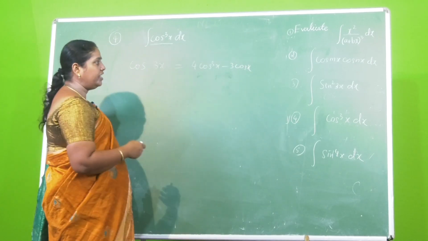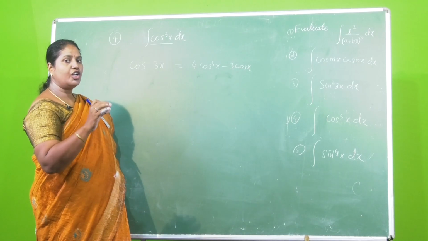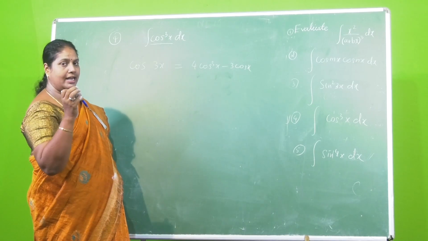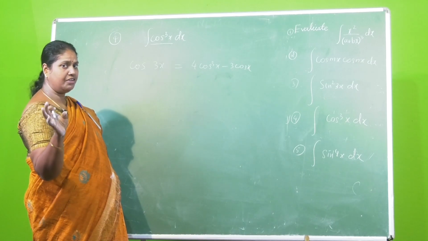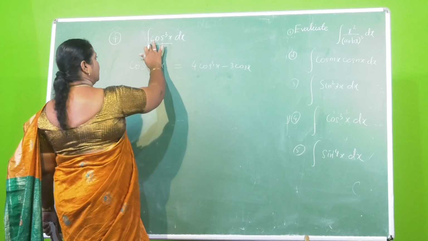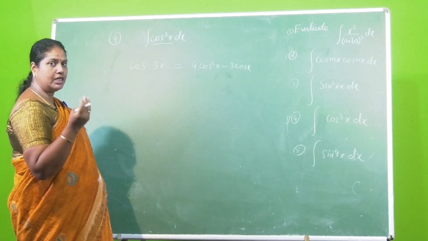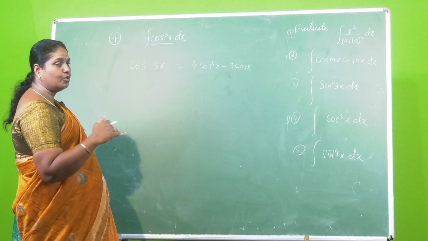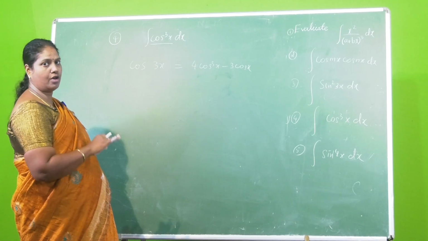While solving integrals involving trigonometric expressions which are not of the basic types, that is directly cos x, cos 6x, cos 7x, and involving expressions like cos cube x, cos power 4x, sin power 4x or any power, then you have to go for some other substitution, that is the basic trigonometric formulas.